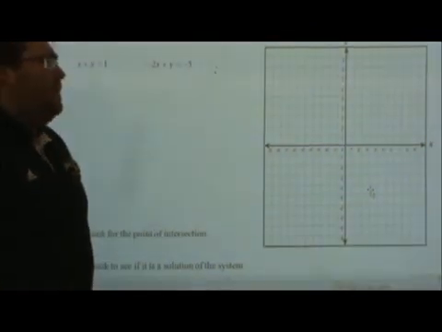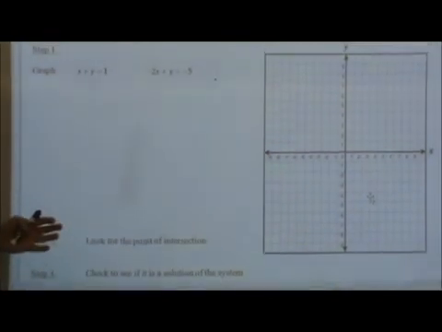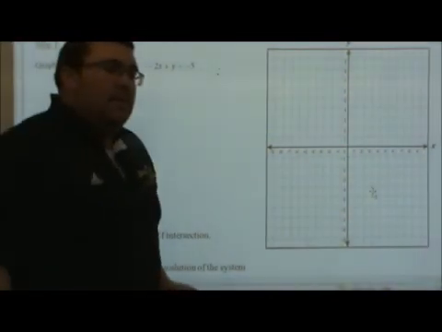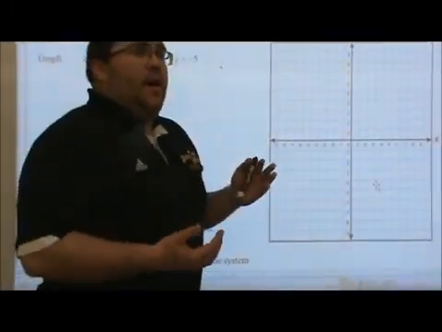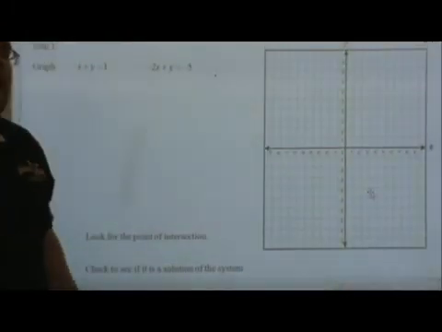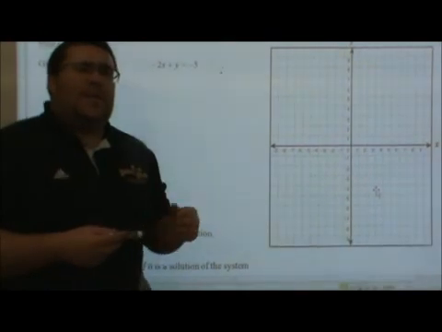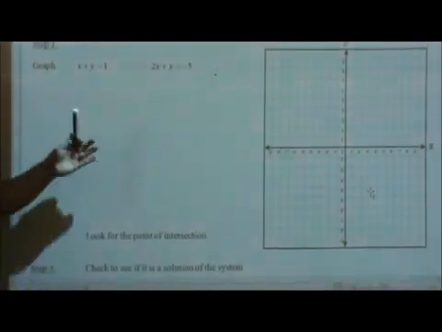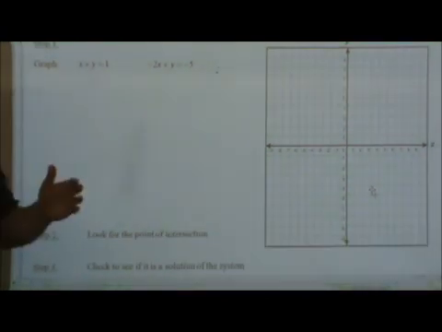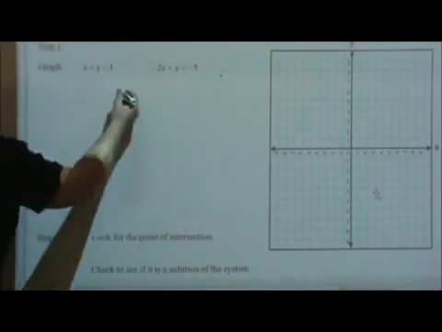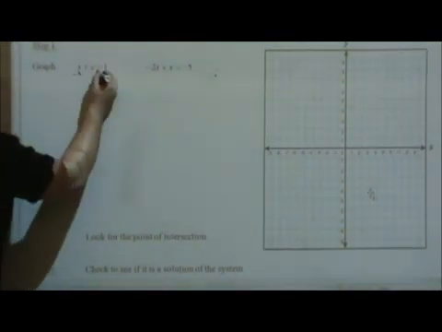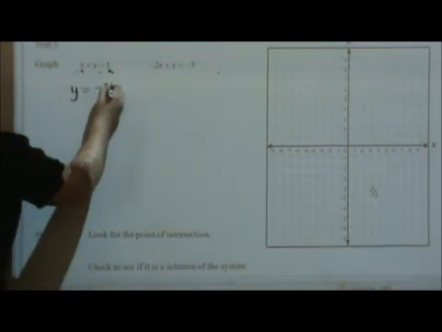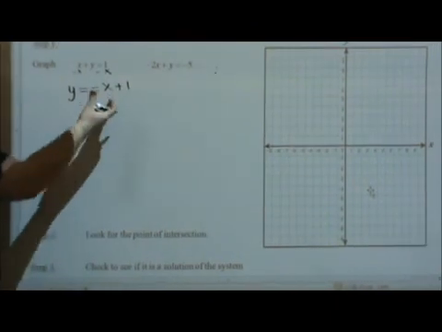To solve by graphing, it's really three steps. The first step being that we have to graph the two lines. To graph lines, we've got several options, and the first option, probably the best one for most of you, is going to be using slope-intercept form. Looking at our first equation, it's not in slope-intercept form, so to get it there, we're going to subtract x from both sides, get y equals negative x plus 1, and that one's all set.